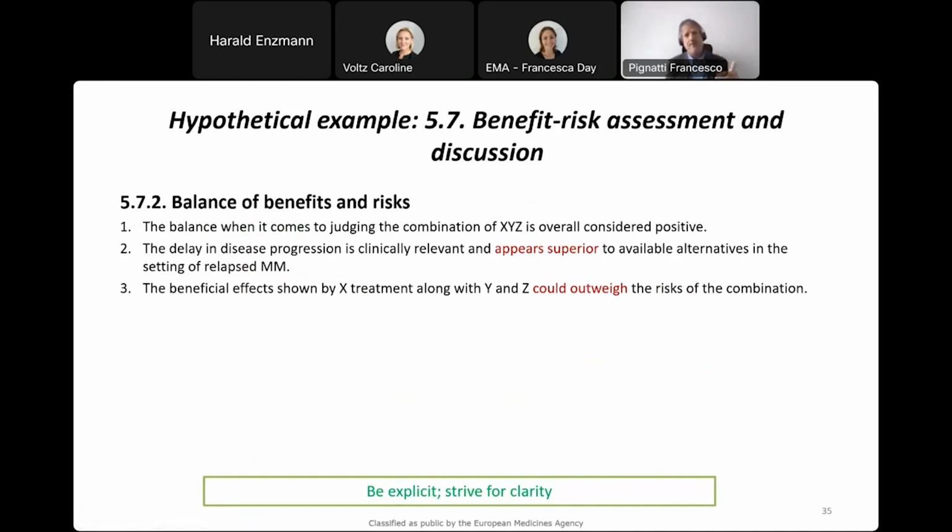Now, the third section in the template is, okay, now put it all together and tell us why the benefits outweigh the risk. And here, often what you find are just conclusive statements, but again, no reference to the thresholds or to the rankings that have been described as suitable strategies for describing transparently the benefit-risk assessment.